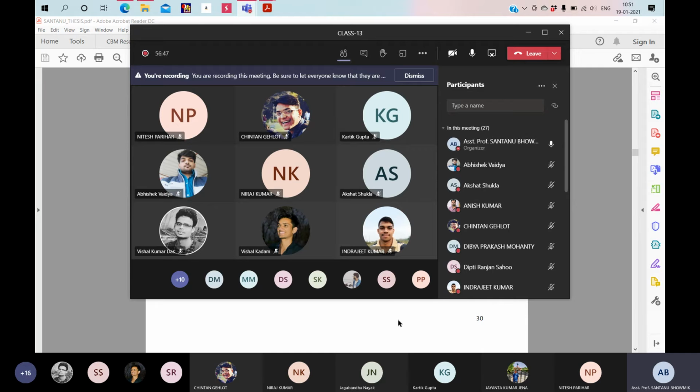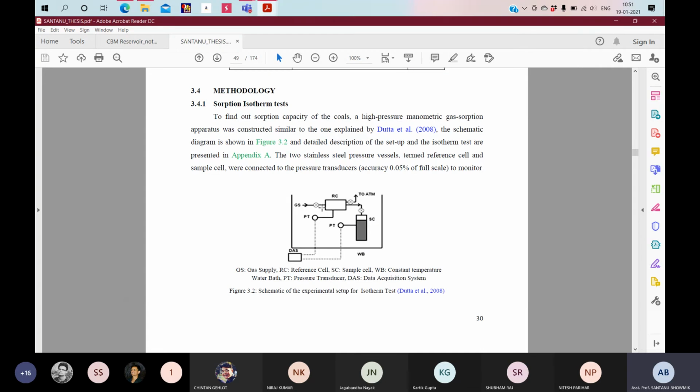Okay, so if you are going to maintain it for 1 day or 2 days or maybe 3 days, it is required to get the immersion process constant, so that the oil and water bath and the total schematic, the aluminum part or the reference cell, sample cell, and all the valves are constant at 30 degrees centigrade.